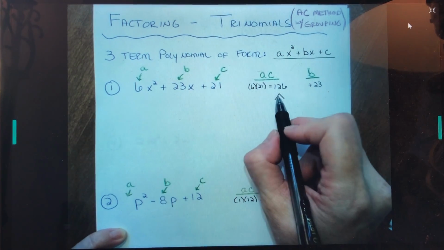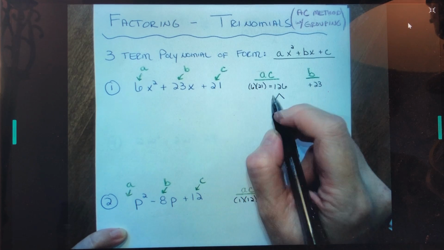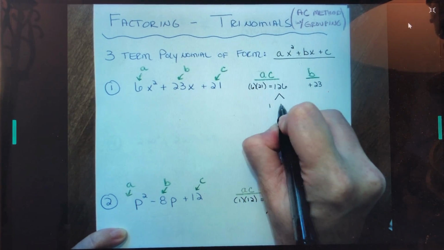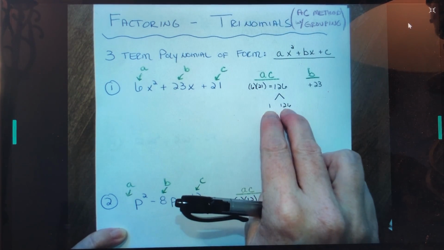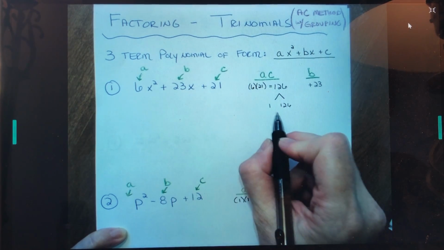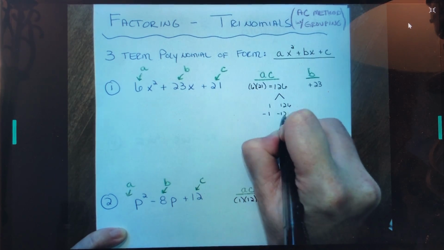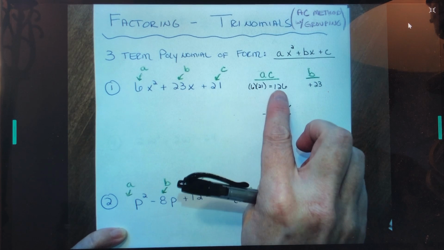So first of all, a great process to follow if you cannot see what those numbers are is to just start with a 1 and say, well, 1 times 126. If I multiply those two numbers together, that would equal 126, so that's a possibility. Also recognize that it also could be -1 times -126, because a negative times a negative also results in a positive.